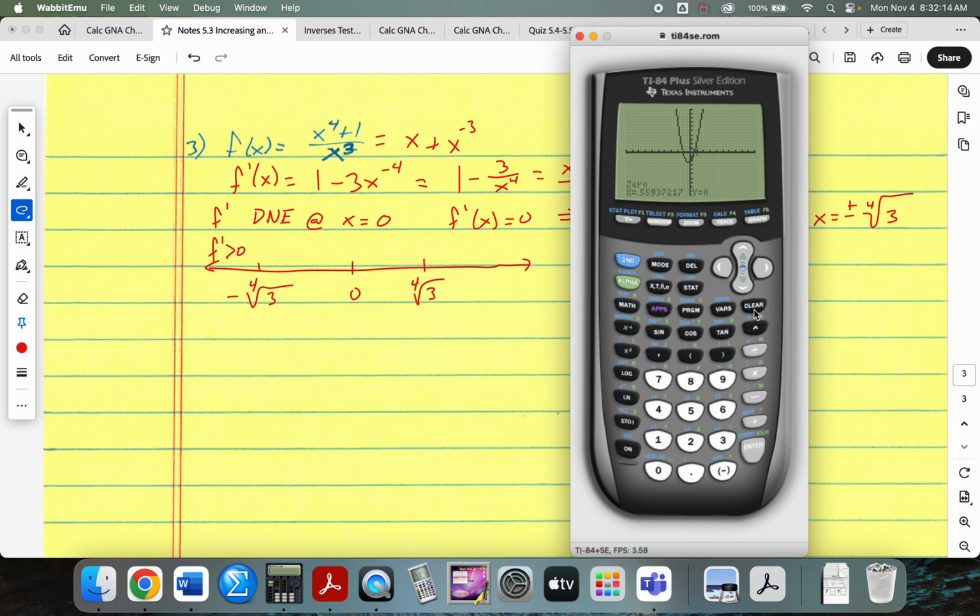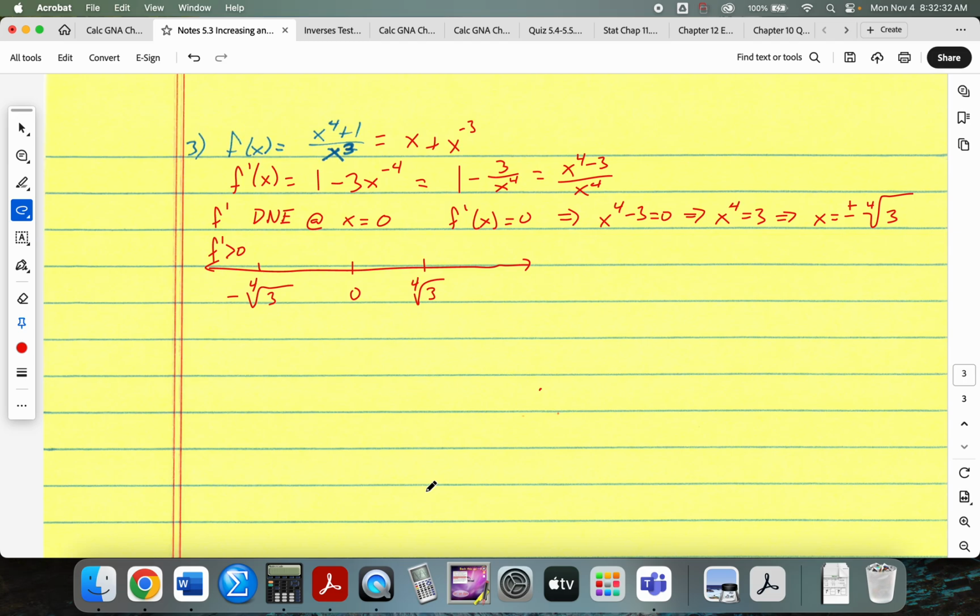Gotta wake my calculator back up. 3 raised to the 0.25 power. 1.316. Okay. So I could pick negative 1. They're not going to be crazy about things. So if you just think about it, the fourth root of 1 would be in between these two, and the fourth root of 1 is 1. Or sorry, the negative fourth root of 1.